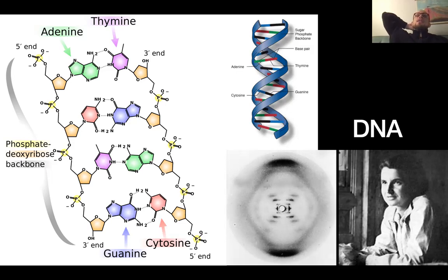And when they noticed that different crystals would reflect and refract, that is, bend X-rays in different ways, they could figure out by the way the X-rays were bent what the arrangements of atoms were in the crystal.